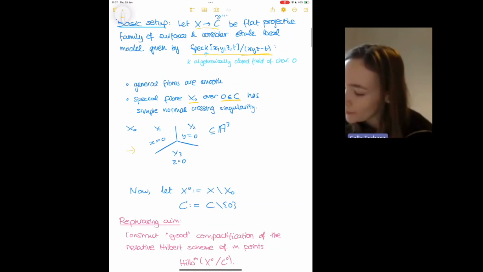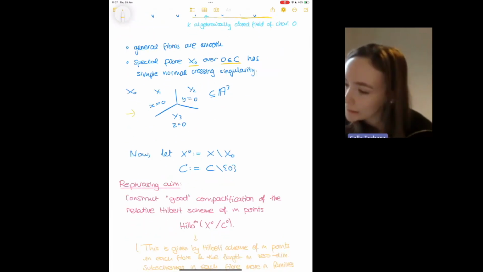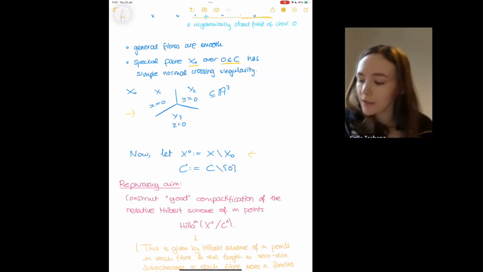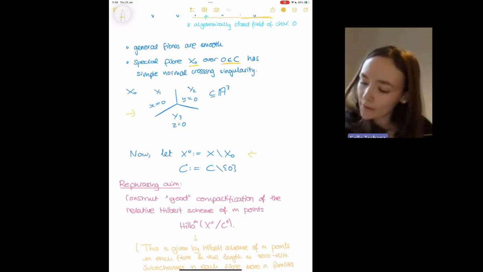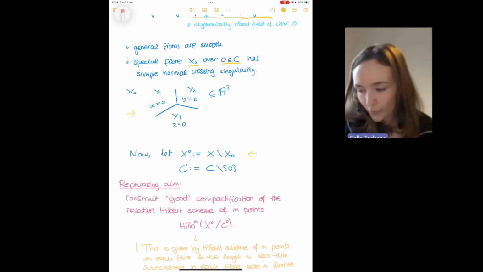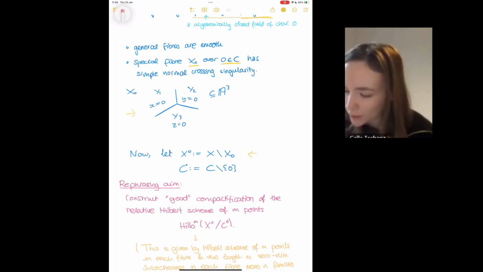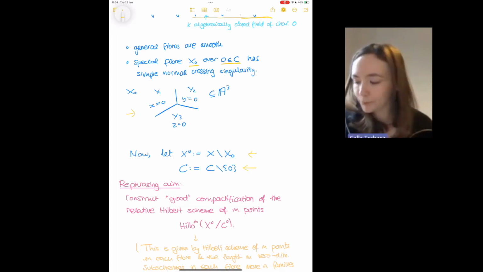Okay, and then what we want to do is to take this family X and remove this special fiber. So I cut that out, and I have some open thing, and this thing lives over the punctured disk, this curve C where I've removed 0.